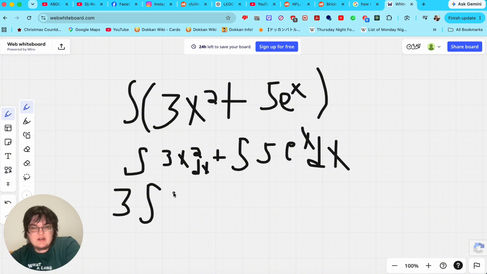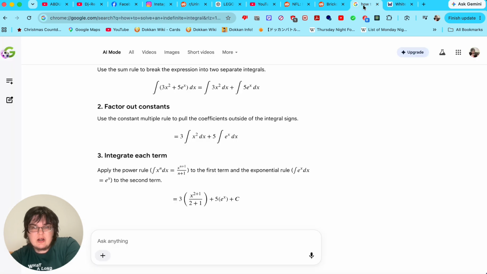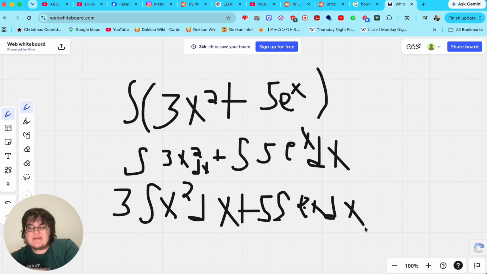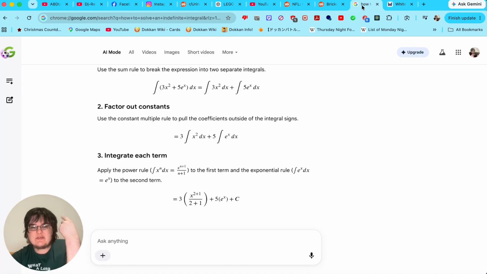I'm sorry. It's going to make it look like this, basically. It's going to look a little bit weird, but you'll kind of see what's happening here. It'll basically make it look like that.